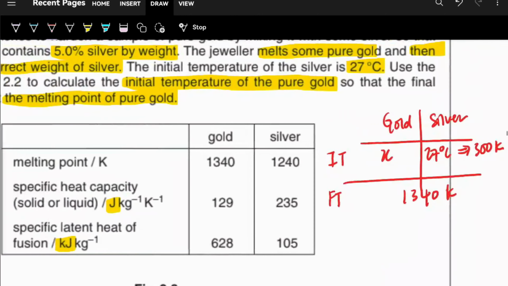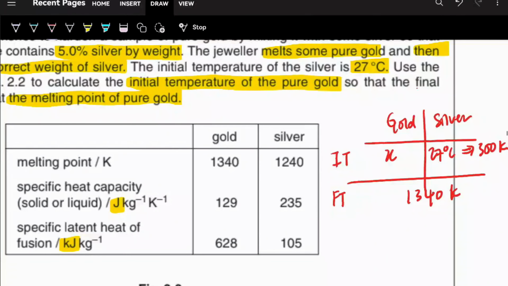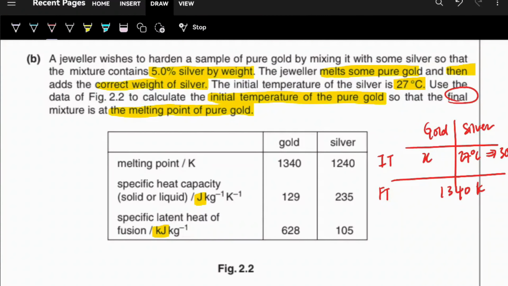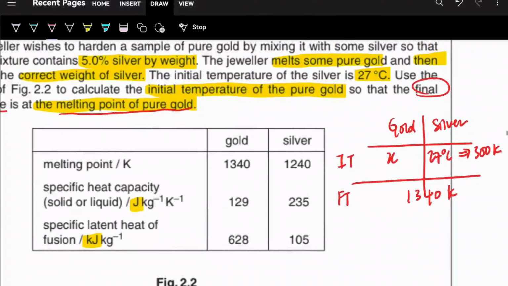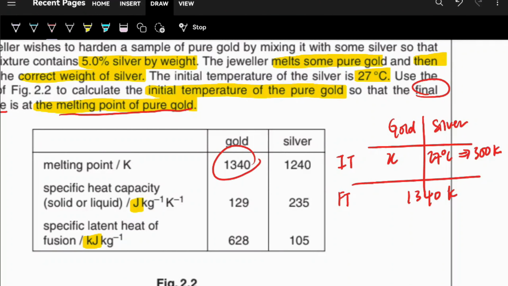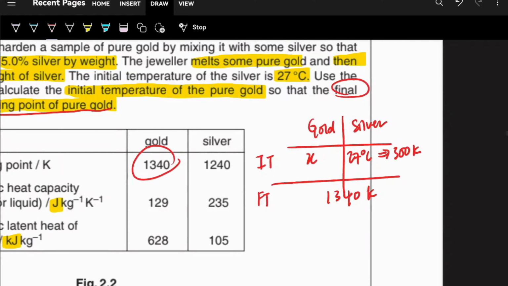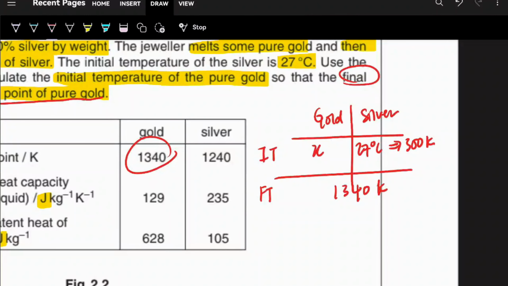Because they did say the final mixture is at the melting point of pure gold. And based on the table here, the melting point of pure gold is 1340. So that means the final temperature has to be 1340. And it's a mixture, so both of them have the same final temperature.